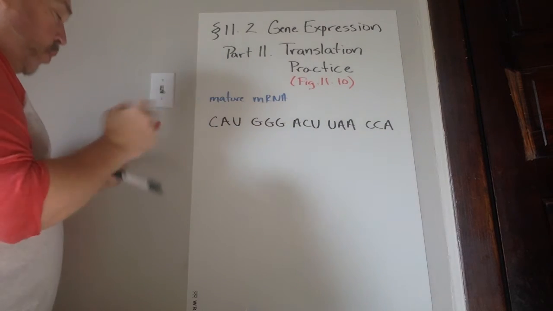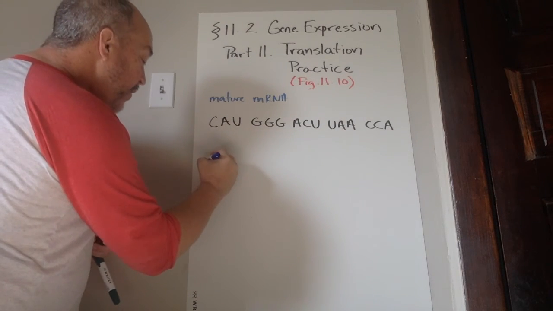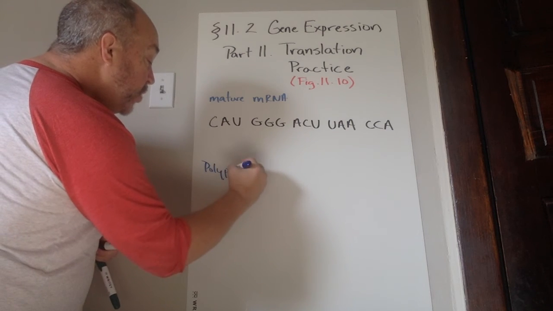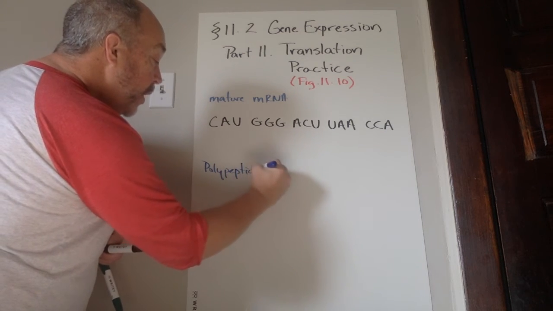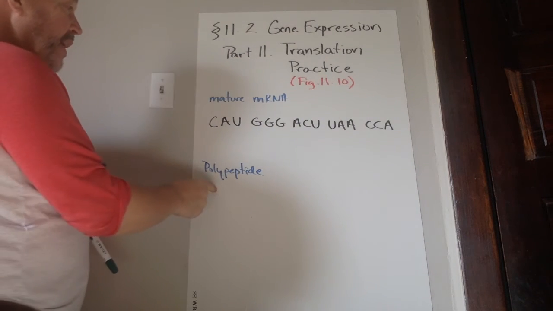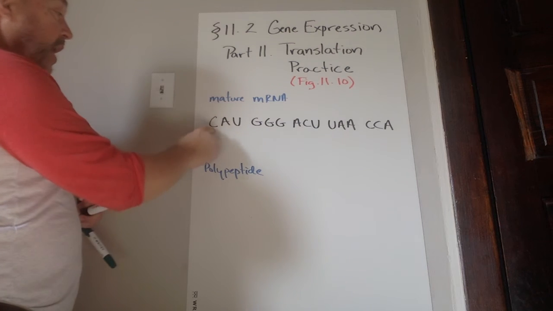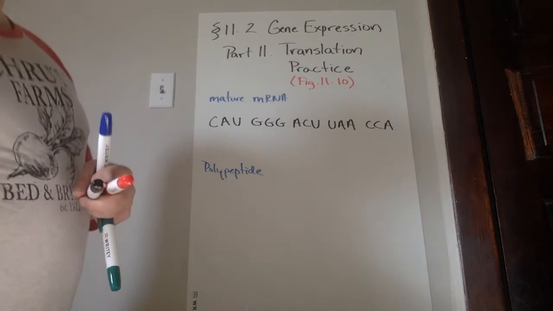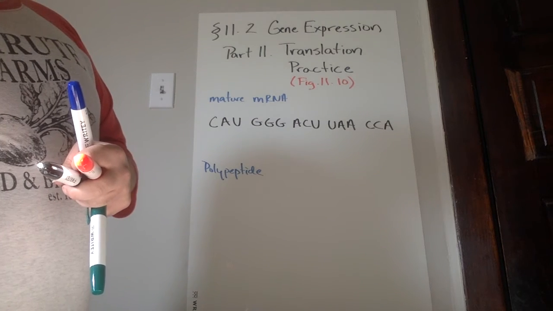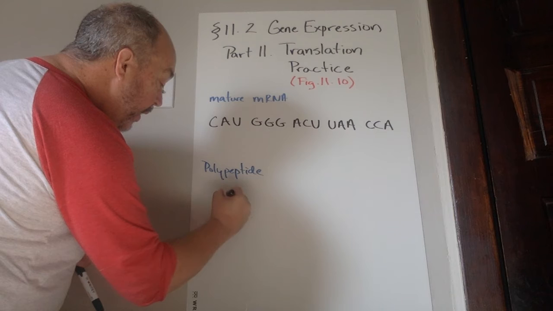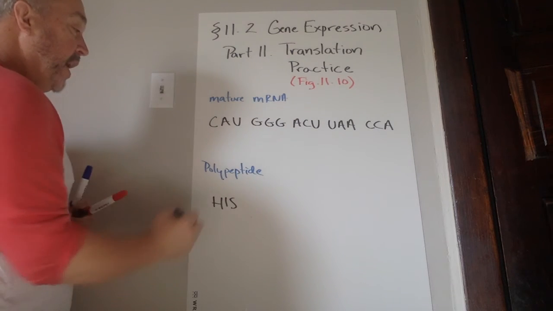So we will do it the same way as we did before. If this is the mature mRNA, what would be the polypeptide that this would then translate into? So CAU, we'll find the row C and the column A. So row C, column A, we see CAU codes for histidine. So we'll put down HIS.